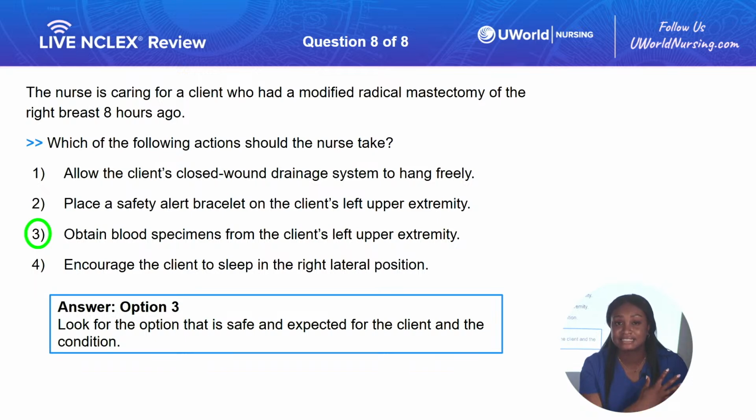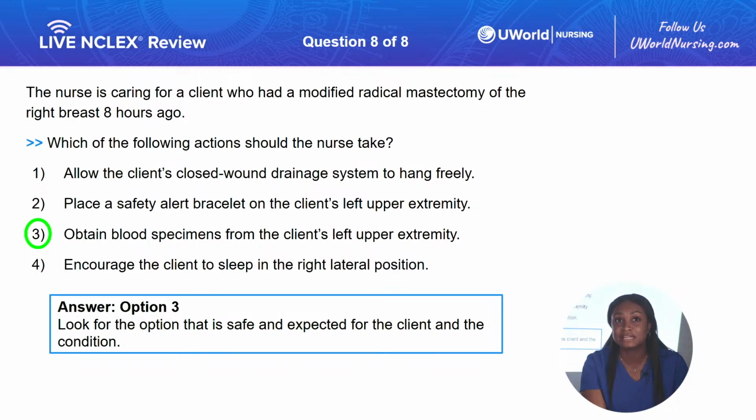And since they're taking the lymph, that predisposes them to lymphedema and complications if they are poked, if they have circulation issues on that side, or if they put a blood pressure cuff on that side. You want to have that side of the extremity free of blood pressure, IV, and all that stuff, because their circulation is a little altered.